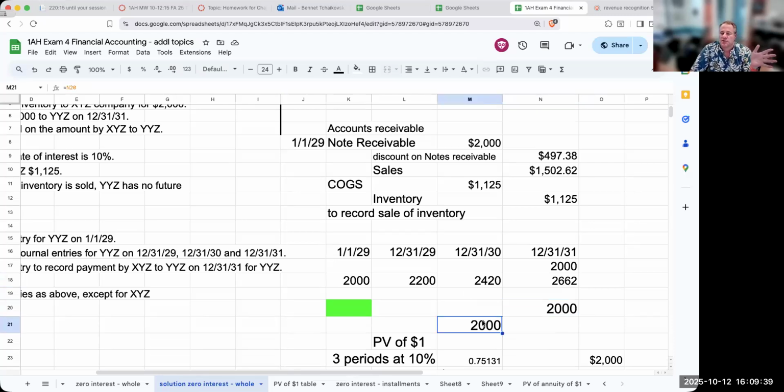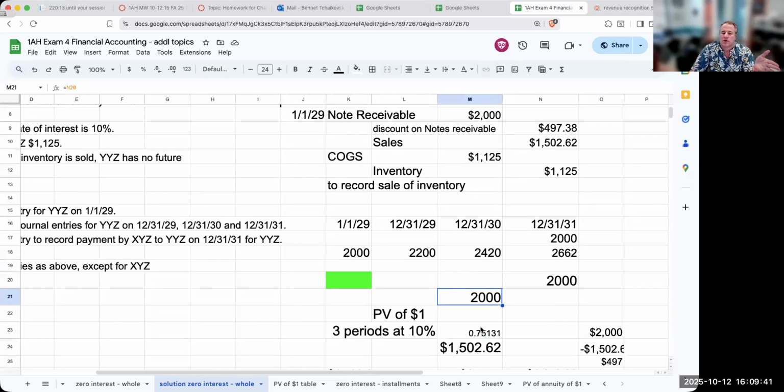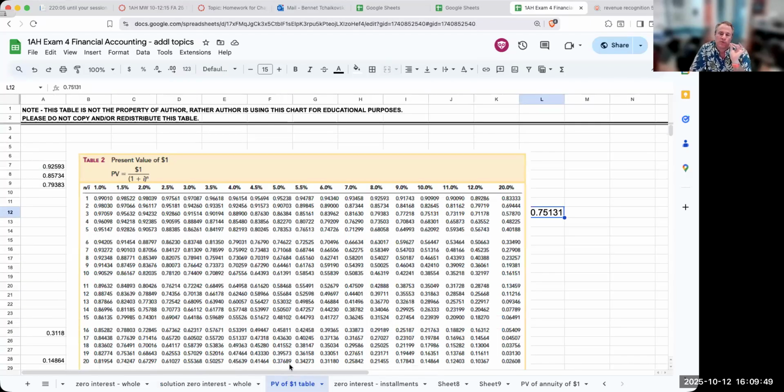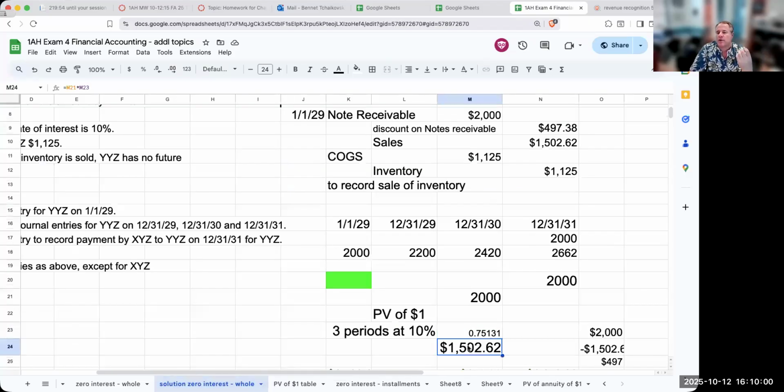What I need to do is take that $2,000 and say, all right, 3 periods at 10%, present value of a dollar, which is used for a single payment. Very important, a single payment. 3 periods at 10% is 0.75131, and I get a value of 1502.62.